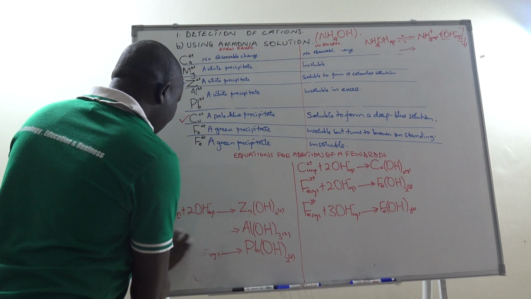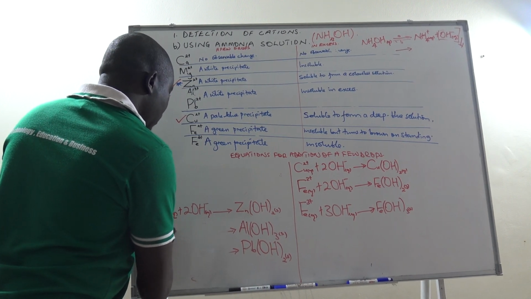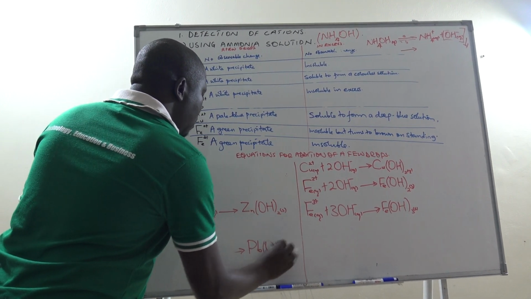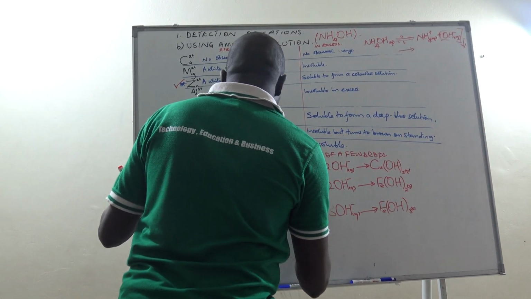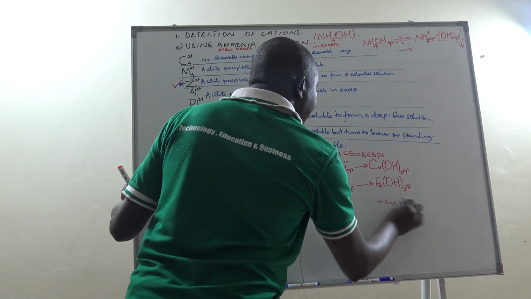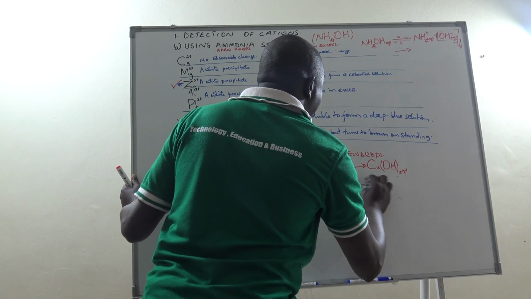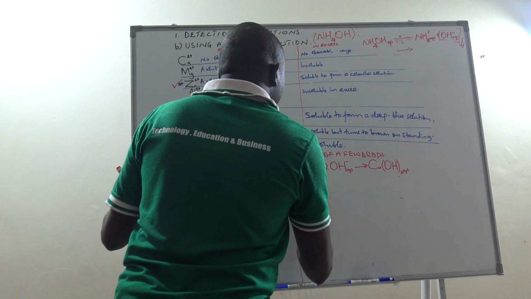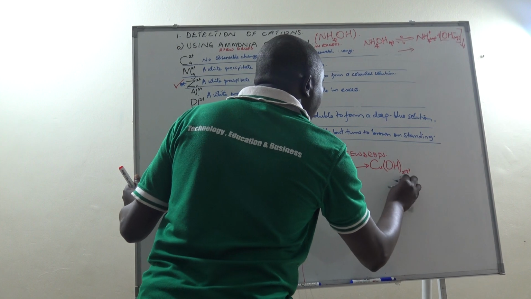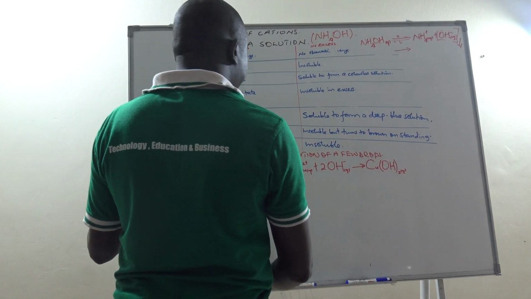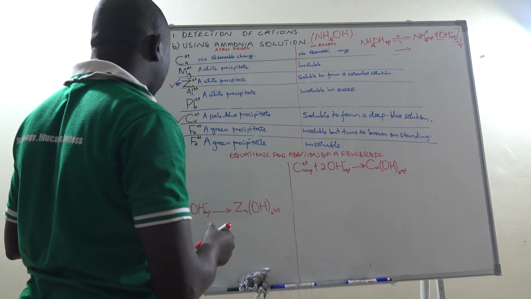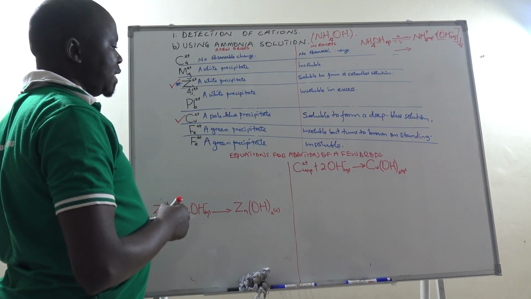I'm going to remove lead 2 ion. I'm also going to remove iron 2 ion and then iron 3 ion, because for them the excess ammonia solution does not have any effect on their precipitates formed. So let us see the next reaction that takes place here.